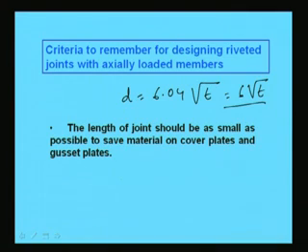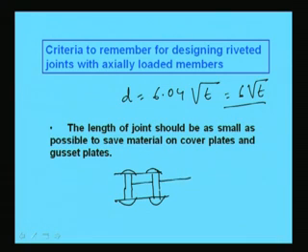How? Suppose we have a butt joint, with a plate and two rivets, and the plate is covered by this extra gusset plate.